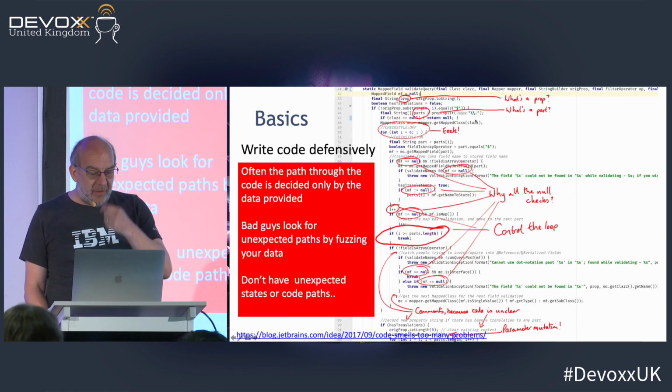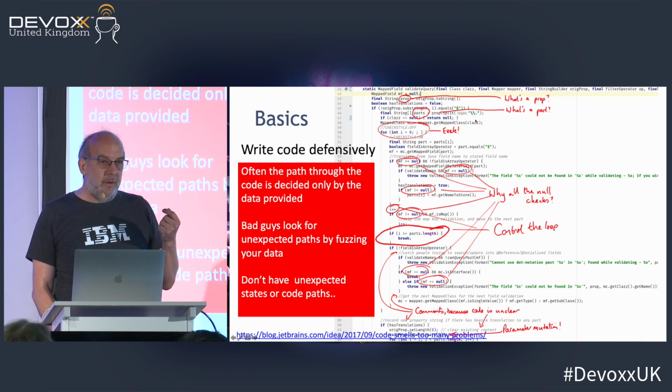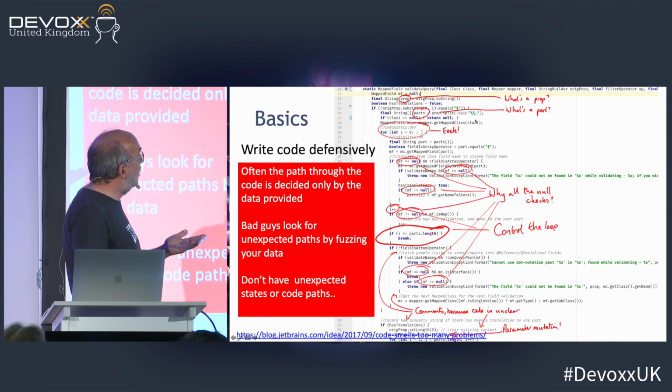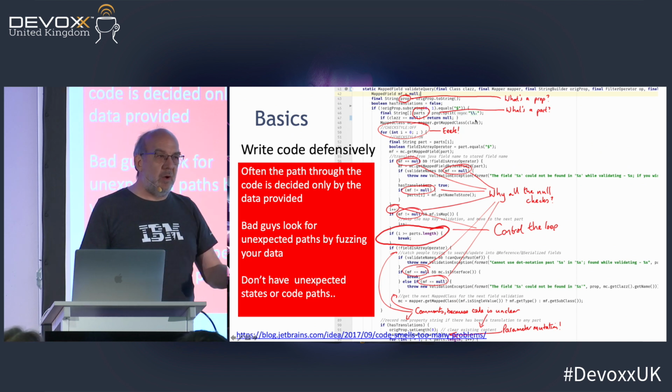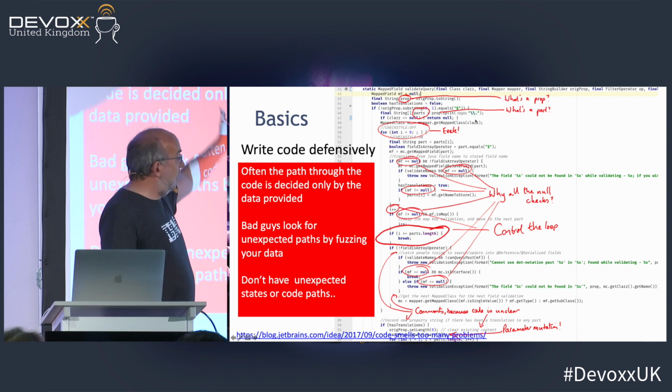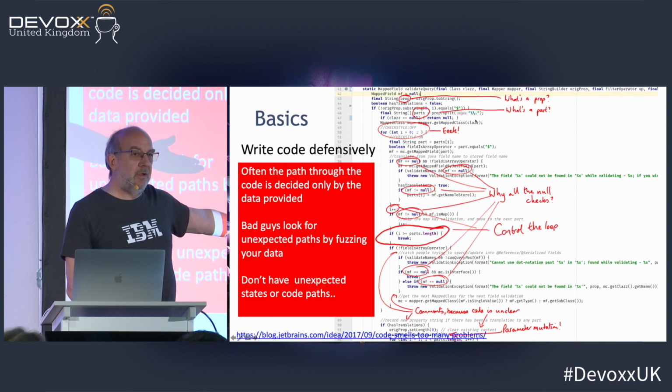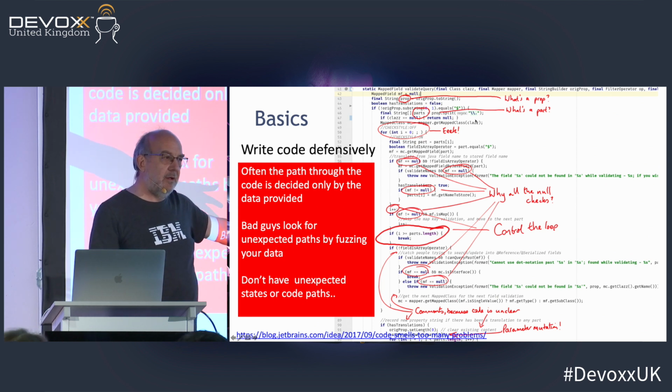One of the things that does happen, what fuzzing is trying to do, is figure out how to drive your code down unusual paths. If you have really complicated code, you have paths in there that you're not expecting to be driven.